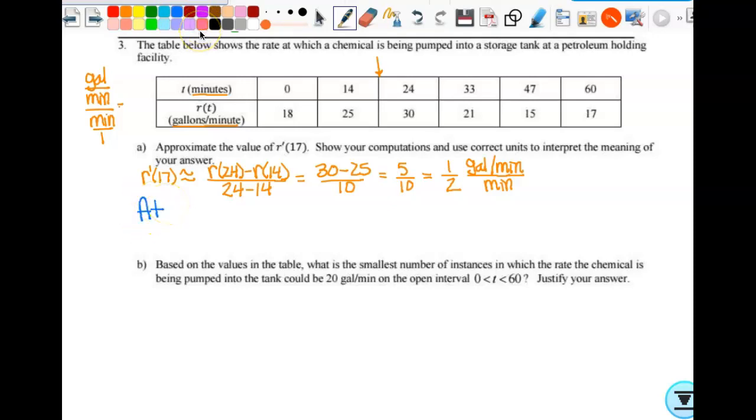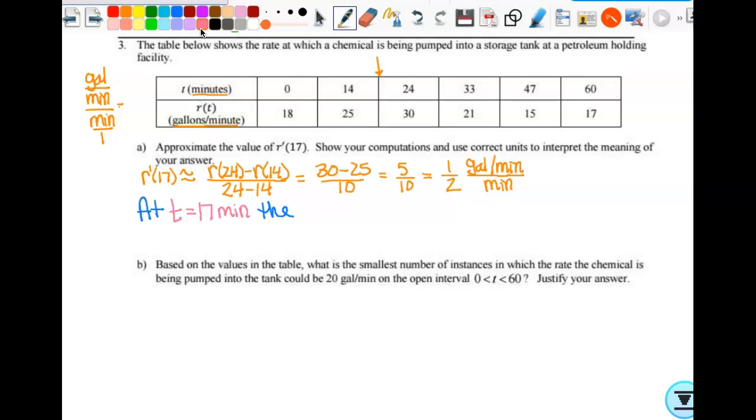And our time instant is t equals 17 minutes. Okay, at t equals 17 minutes, and then we talk about what this is, the rate, right?